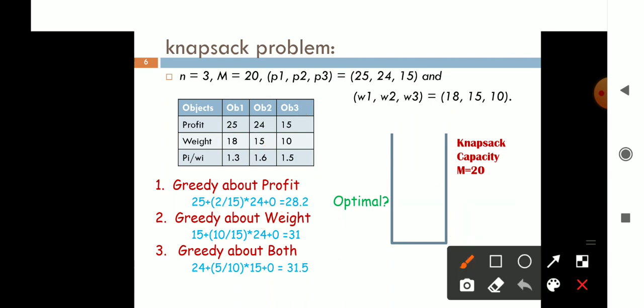Now, the second solution will be: I am greedy about weight. The item which has minimum weight, I am going to put into the bag. So here, I am going to choose the minimum weight and the profit.